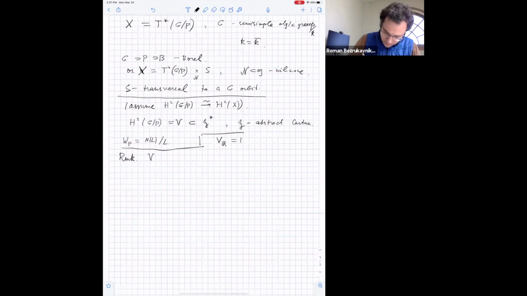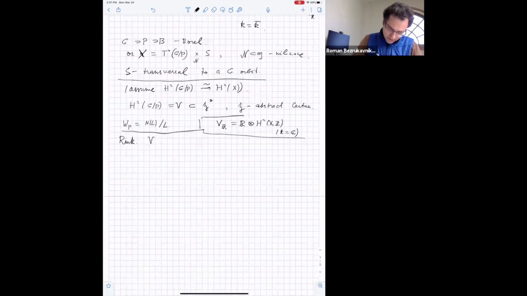You can just say tensor with R, or Z in the classical topology. You can just express it in terms of the weight lattice.